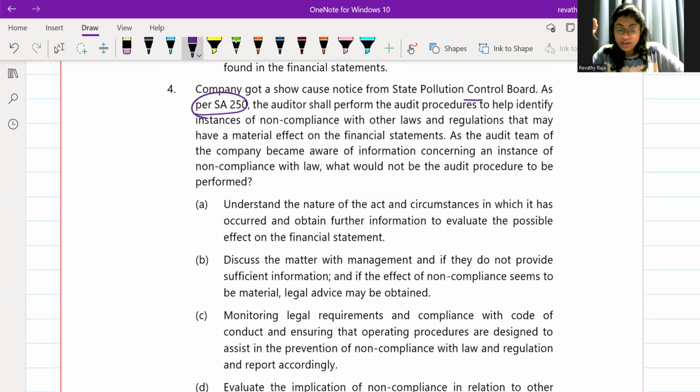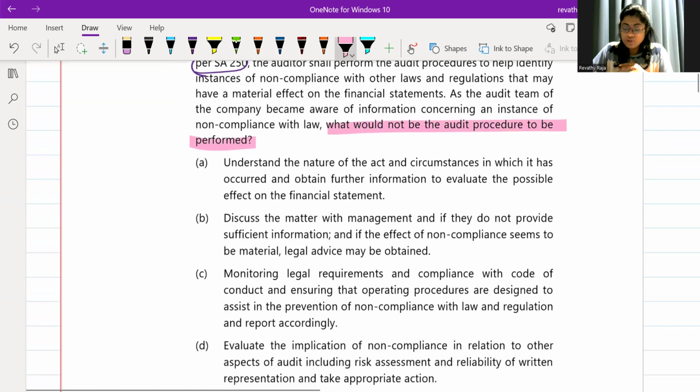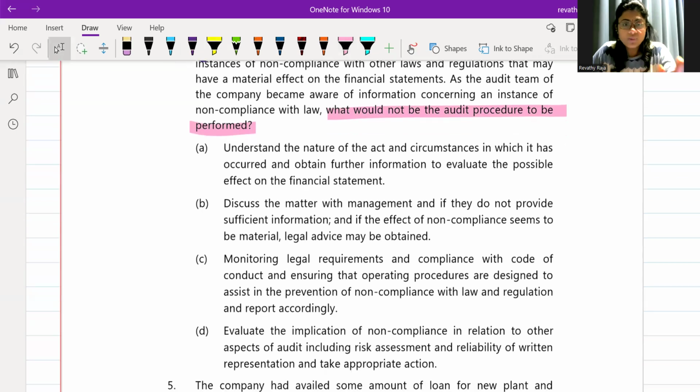As the team of the company was aware about the information, I now read. What would not be the procedure to be performed? So they want the incorrect one. They wanted to see the non-compliance of law. So out of the following, which procedure need not be performed? So it's incorrect. So guys, use ruling out technique. I will read, you say.